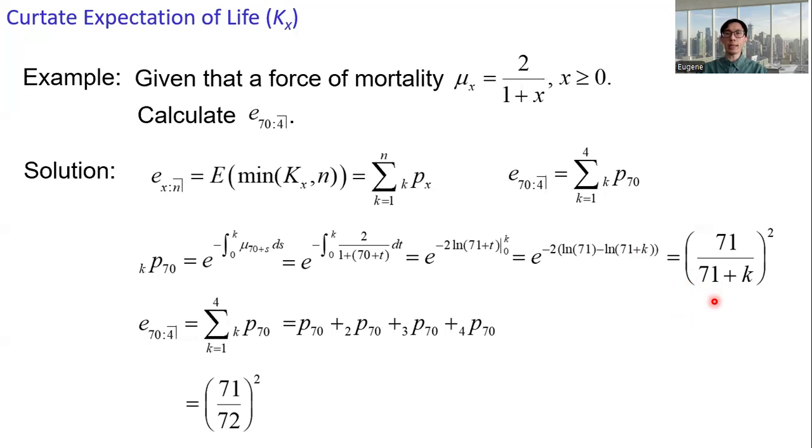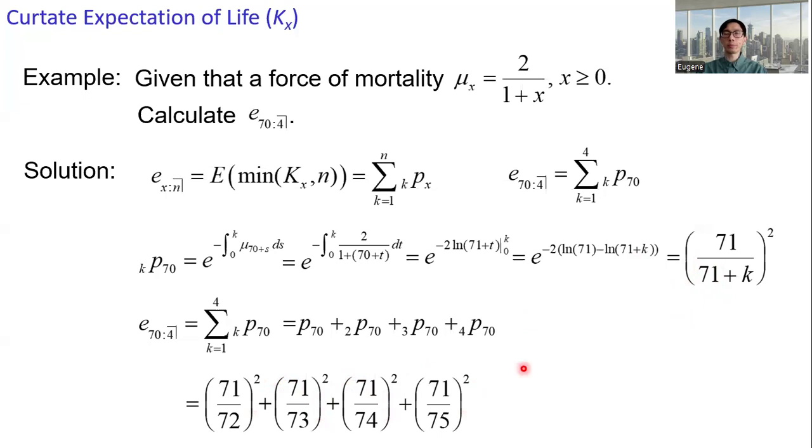So the first term, when k is 1, we have 71 over 72 squared. And then the second term, 71 over 73 squared. Until the last term. Upon calculation, we get the answer 3.7351.